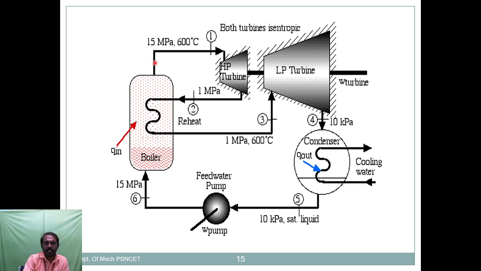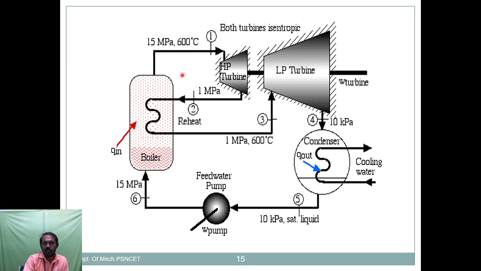Here the pressure is the same after release from the boiler, but the temperature increases. So pressure is constant, temperature increases. This is the boiler condition. Pressure is constant because the inlet pressure is 15 megapascal and the output pressure is 15 megapascal.